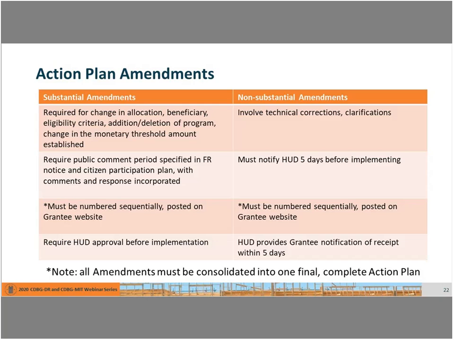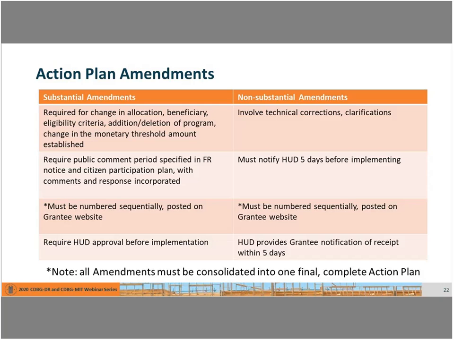So for example, if you decided that a 10% budget move was going to trigger a substantial amendment, and then you want to change that to be 10% or 5 million, then that change is also a substantial amendment. So the difference between a non-substantial and substantial amendment is not only what items can be amended, but that the public comment and citizen participation process is triggered for substantial amendments. And they do require HUD approval before you implement them.